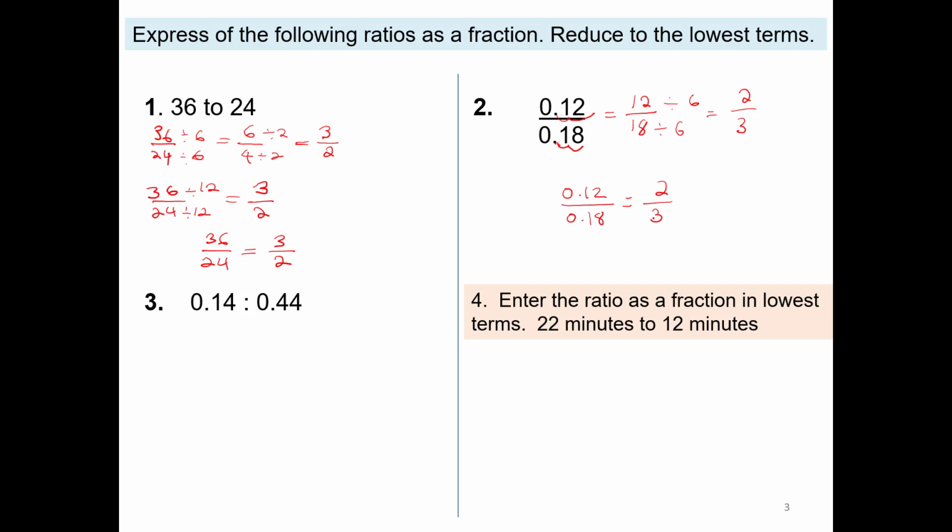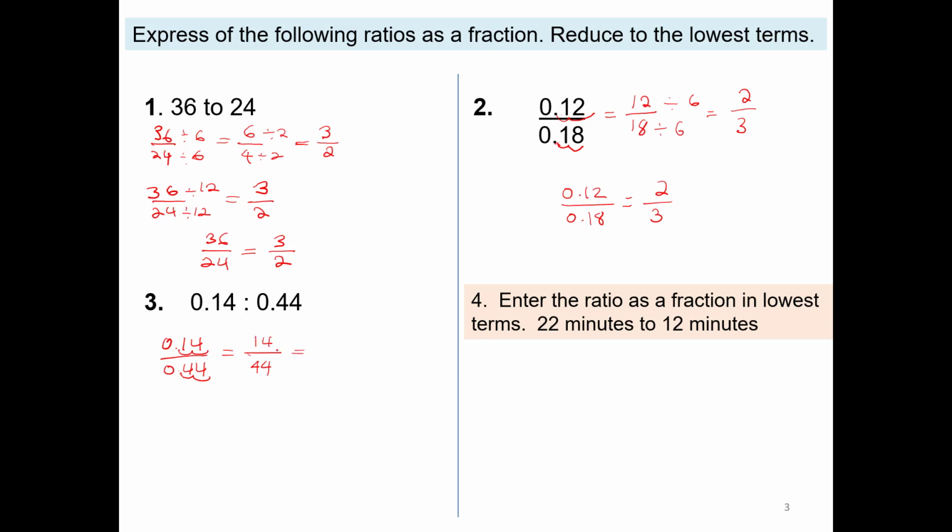For the next one, first we want to express this one as a fraction. Then we had 0.14 over 0.44. Now we don't want decimals in the denominator, and we need to move the decimal point two places: 1, 2, so here we have 44, and 1, 2, we have 14.